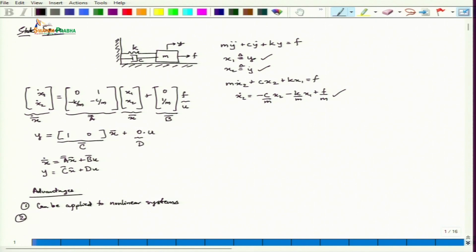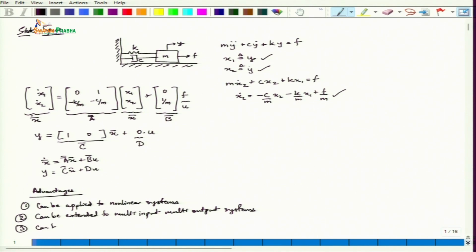Second, it can be extended to multi input multi output systems.